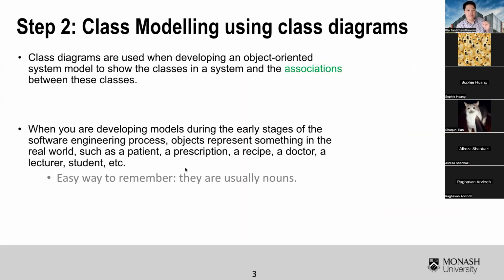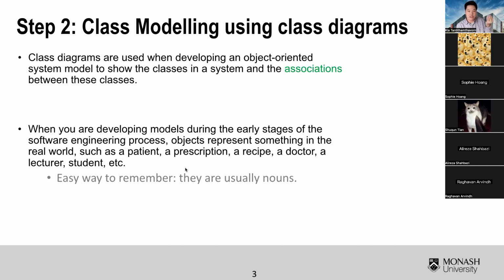Class diagram, here we go. Class diagrams are used when developing an OO, object-oriented, software, to show how each of the classes is associated with each other. And when you develop the class modeling, we normally do it at the early stage of the software development process.